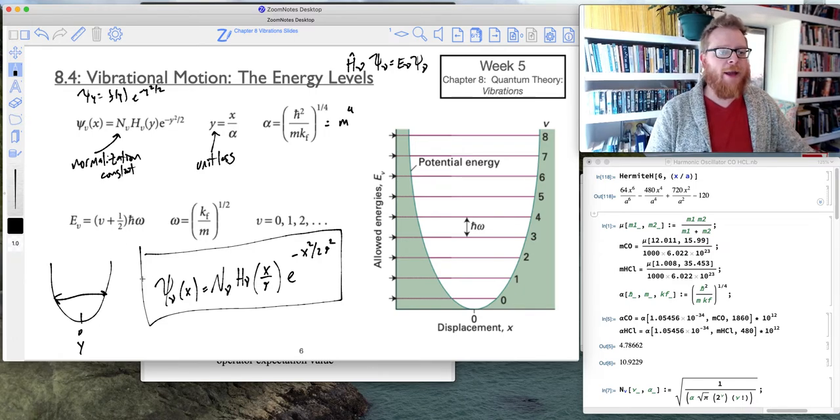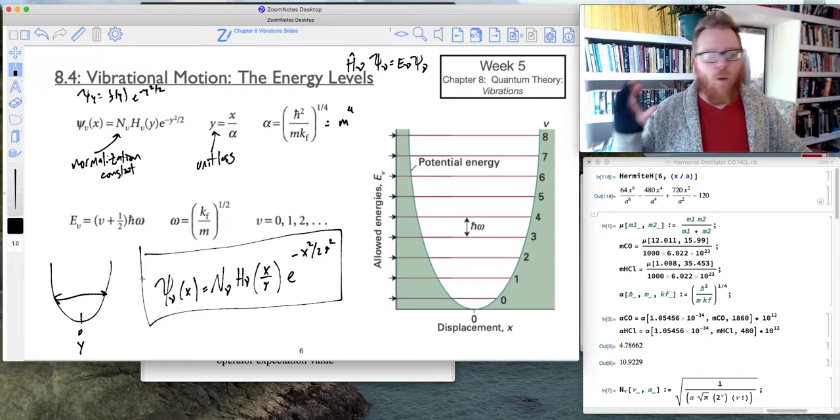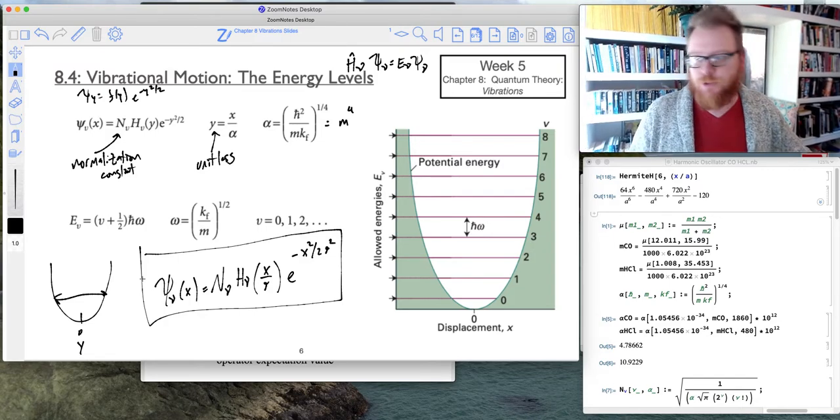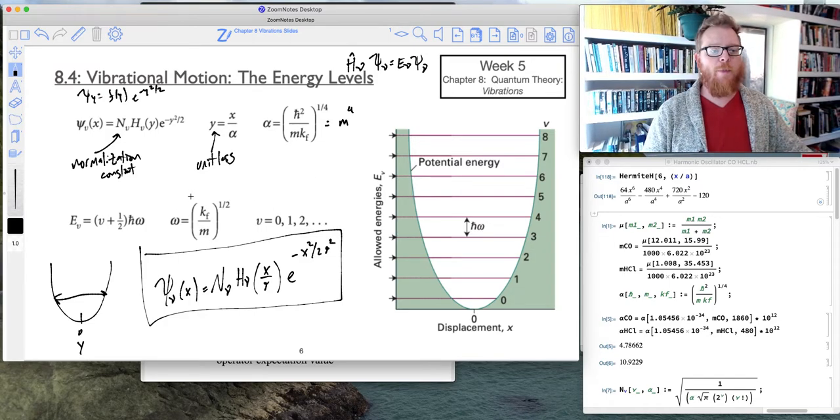So it's a lowercase omega. And that's not operator omega, it's just the Greek letter omega. We don't have enough letters. So what is omega? Well, this is what we call the oscillator frequency. And that oscillator frequency is given by the square root of the force constant divided by the mass.